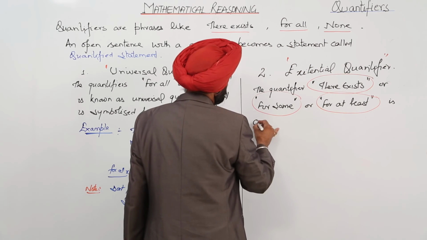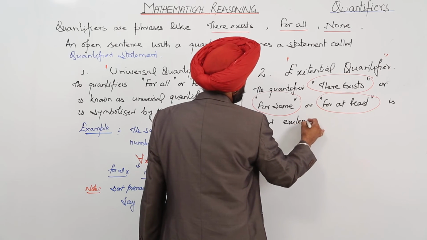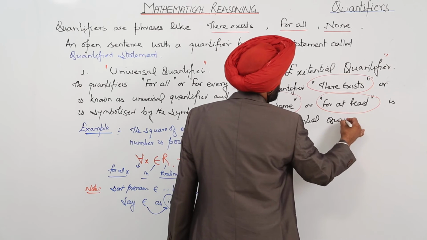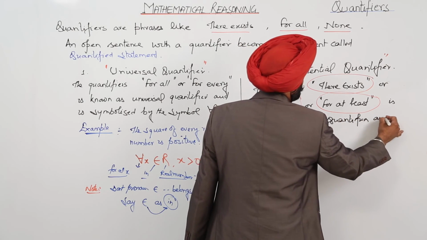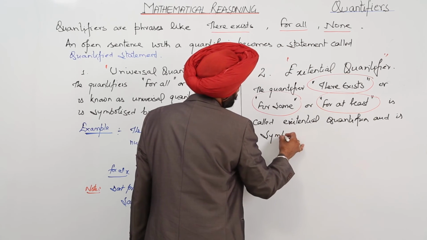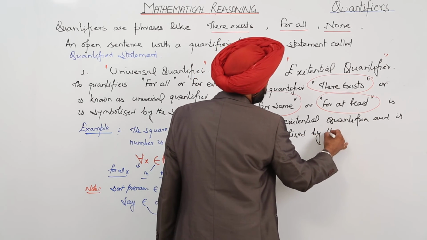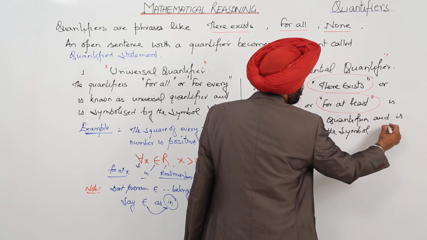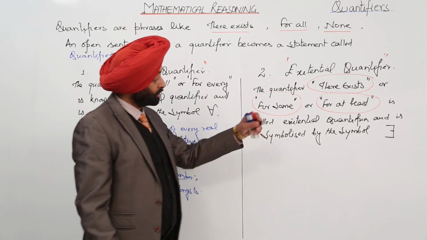This is called the existential quantifier and is symbolized by this symbol. We are using this as the symbol.